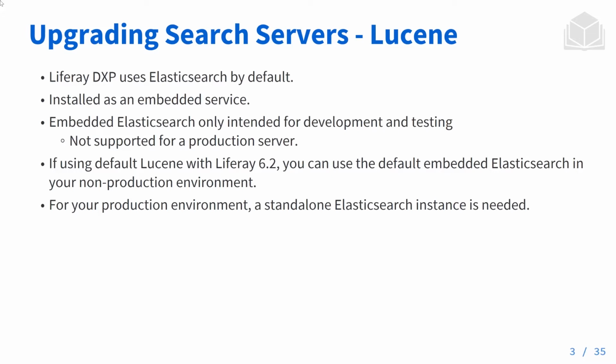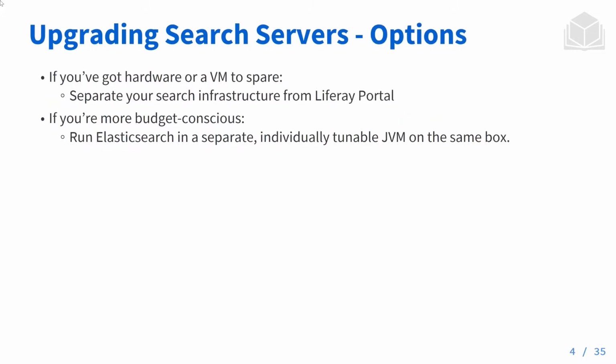Once you hit production, you're going to have to do some configuration to get Elasticsearch on its own in a standalone or remote environment. So let's first consider a couple of different options. Where we're going into the production world, we're going to want to put Elasticsearch in its own standalone or remote environment. There are two different approaches we can take.